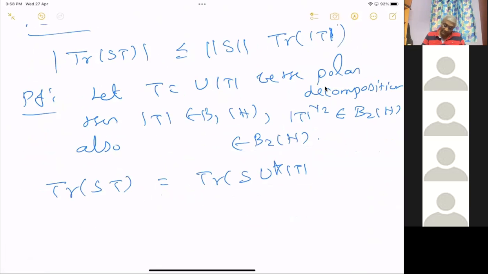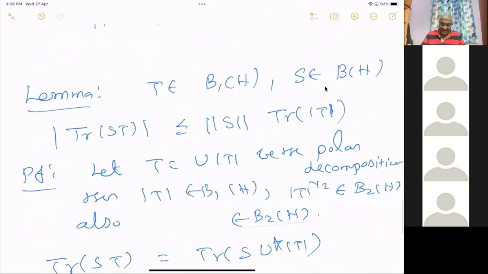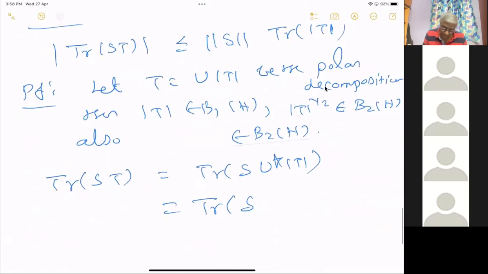See, we have already seen that if T equals U mod T is the polar decomposition, then mod T is equal to U star T. That follows from the polar decomposition.